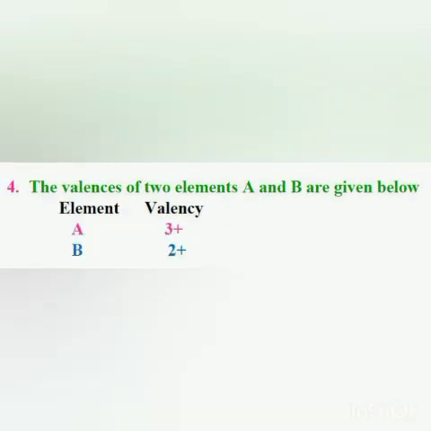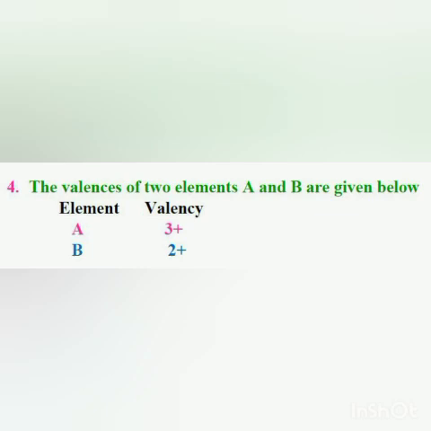Now we have to write the formula of sulfate of A. Just note, sulfate of A. So first we will write the symbols. Here A is the symbol, so we will write A. And we have to write the formula of sulfate of A, so the other is sulfate. And what is the symbol of sulfate? That is SO4. For this you have to learn table 3.6 on page 37, because there the valencies are also given.